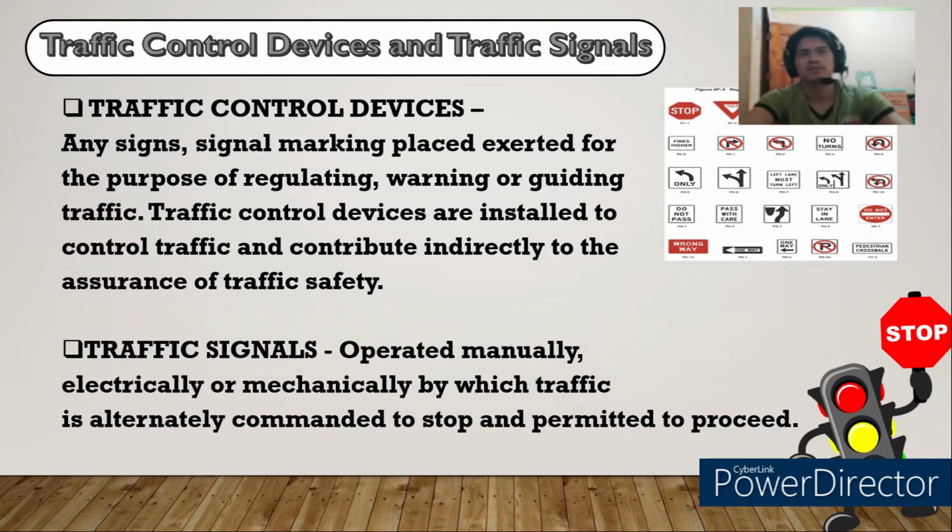Traffic control devices are installed to control traffic and contribute indirectly to the assurance of traffic safety. From the word itself, traffic control devices, the main purpose of these devices is to control traffic.